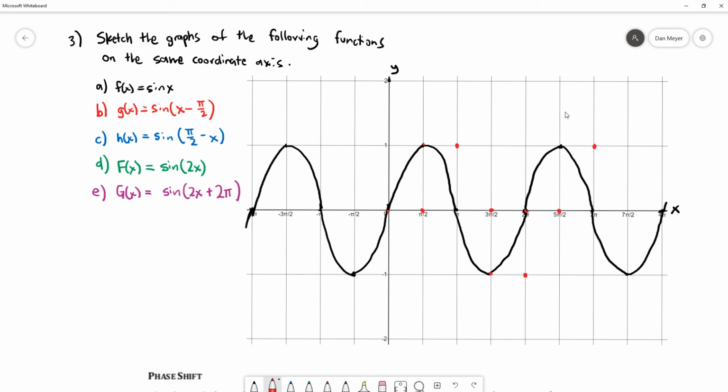And so on and so forth. Everything on the other side also gets shifted over pi over 2. There we go. Up here. Back down here. And then there was a point over here off the graph that we didn't plot that got shifted there.